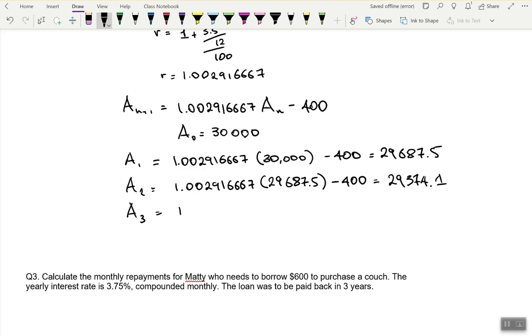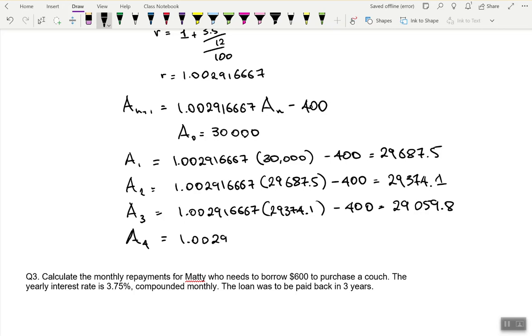A3, again I'll write the interest rate, and then the new value, which I just calculated, minus 400 is 29,059.8. Then A4, the last one, and that will give me 28,744.5.